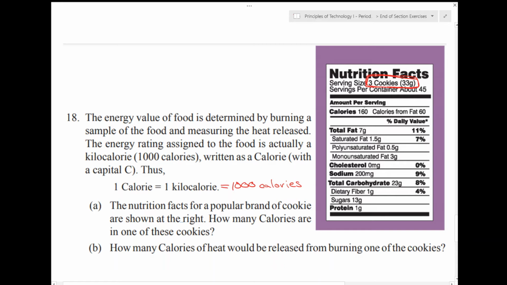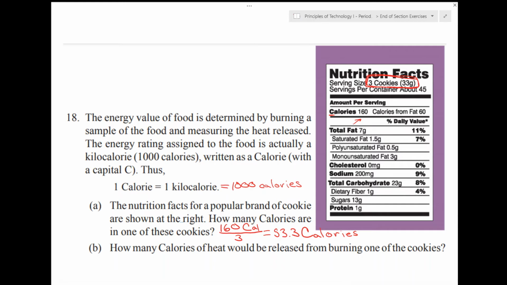And in one serving, there are 160 calories with a capital C. If we divide 160 calories with a capital C by 3, we will get that there are 53.3 calories with a capital C, or kilocalories, in one cookie.